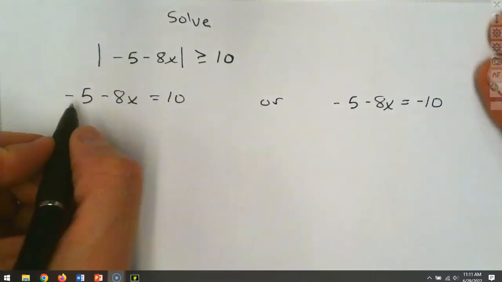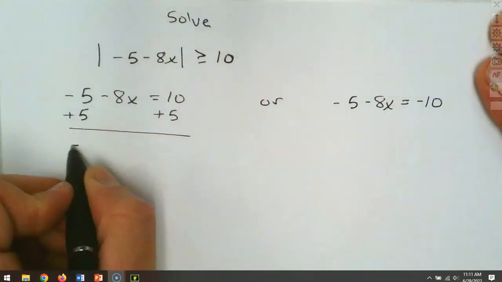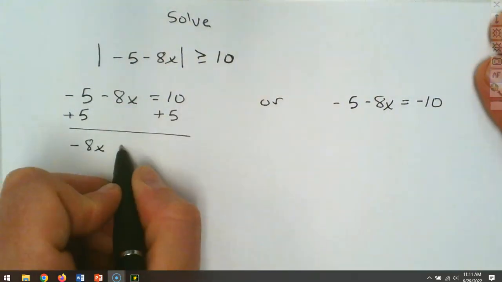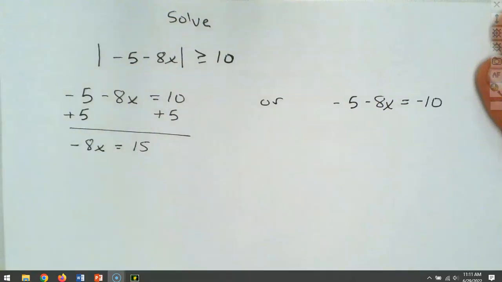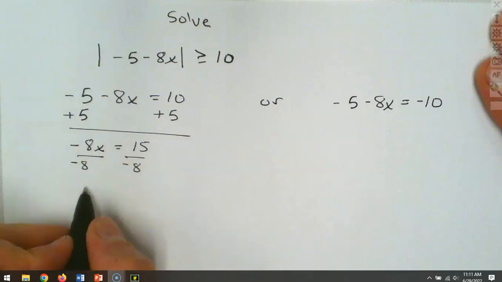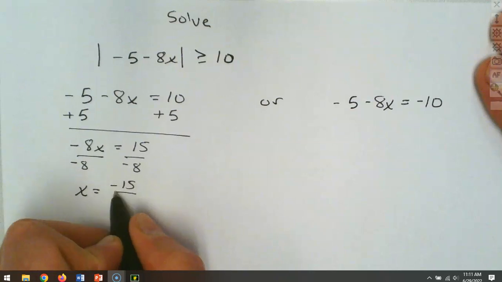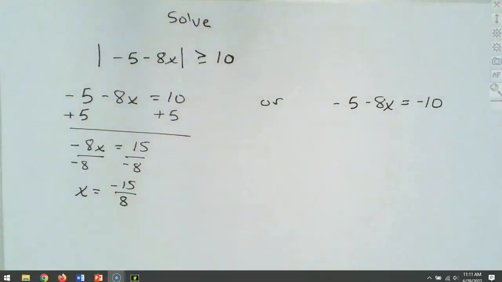Now we can finish it. So we're going to add 5. Minus 8x equals now 15 when I add them together. Divide by our negative 8. Nothing reduces down. So now we have a minus 15 over 8.